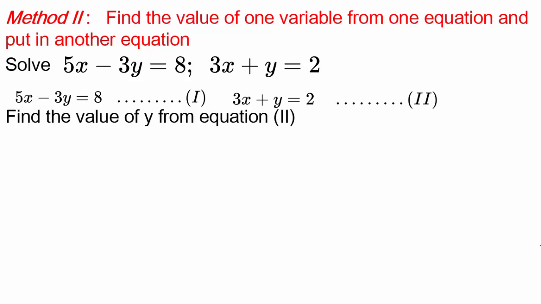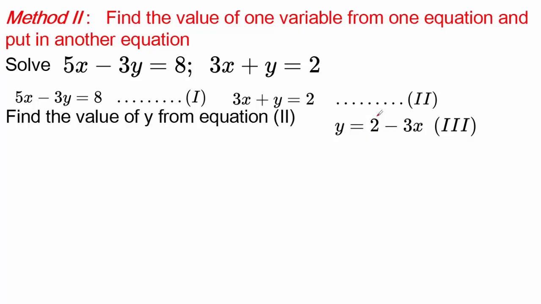What shall we do? We shall find the value of y from the second equation. From the second equation, the value of y will be y equals 2 minus 3x.